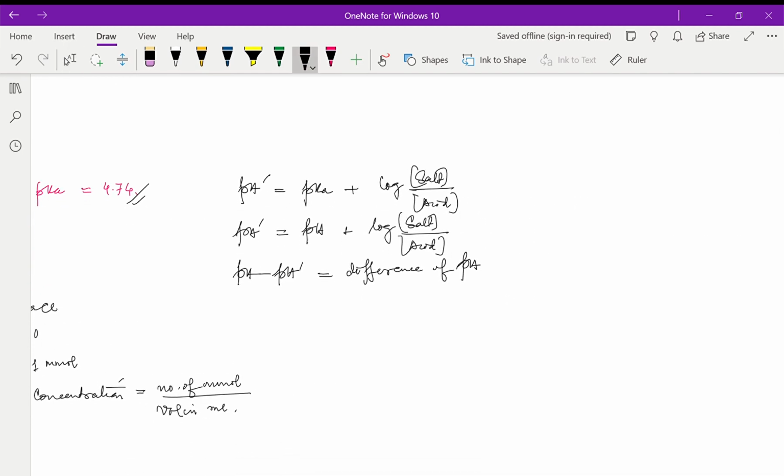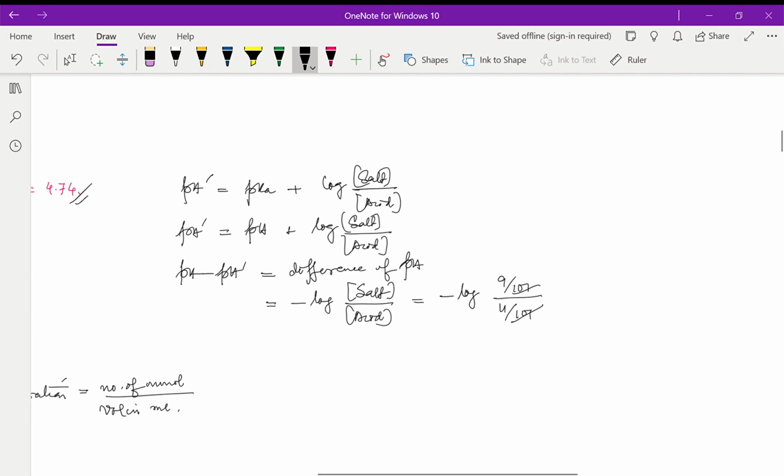We will simply say that is going to be minus log salt by acid, isn't it? Please have a look. Okay, fine. So now we can say minus log salt is what? 9 by 101, 11 by 101, and that goes away.